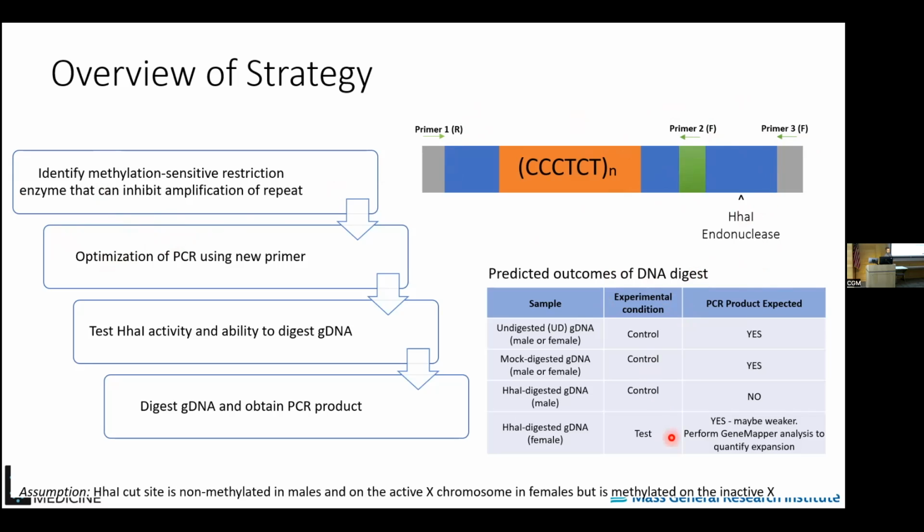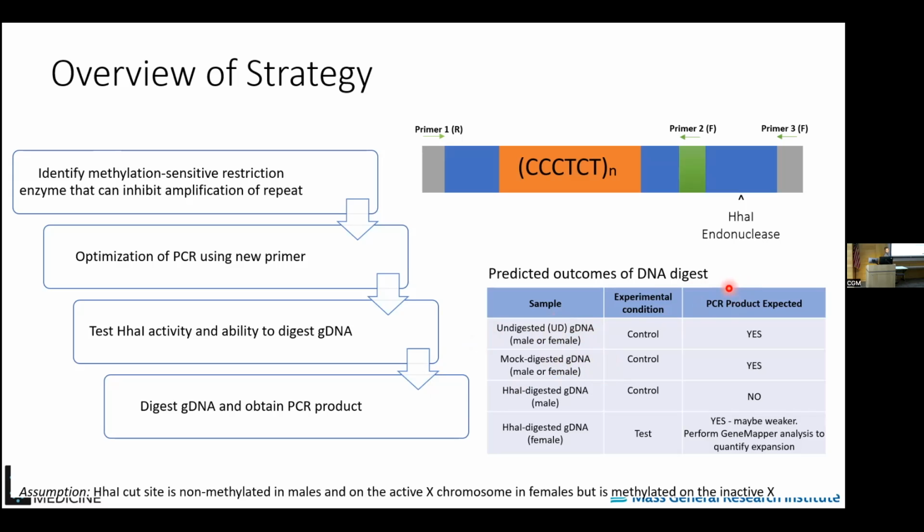This study had three controls. We had undigested genomic DNA, which is just male or female DNA that was put through the PCR to show that we could amplify the repeat. Next was mock digested, which was DNA mixed with enzymatic buffer as a control to make sure that we could still amplify the DNA after digestion conditions.